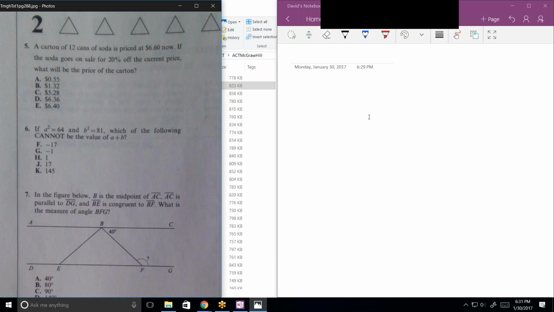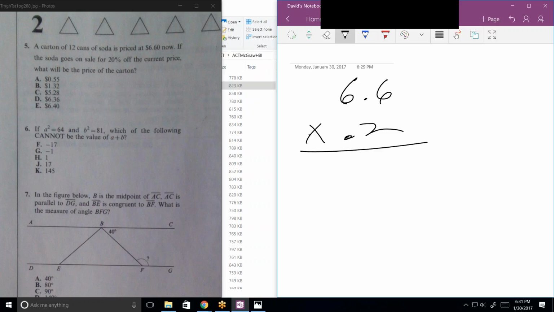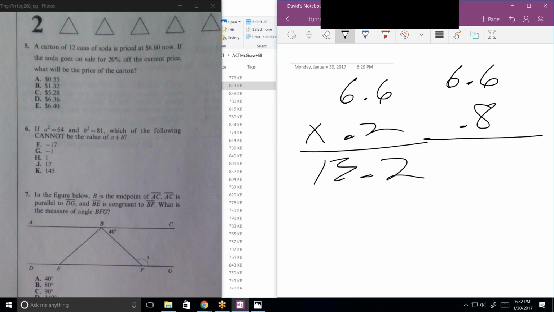The typical student would take 6.6 and multiply it by 0.2 and then subtract that number from 6.60, and still get 5.28, but that's 2 steps. So whenever you're taking discounts, if you multiply the original price by 1 minus the discount, you get the answer in 1 step.